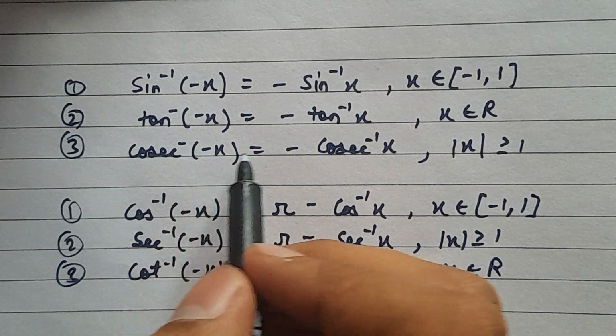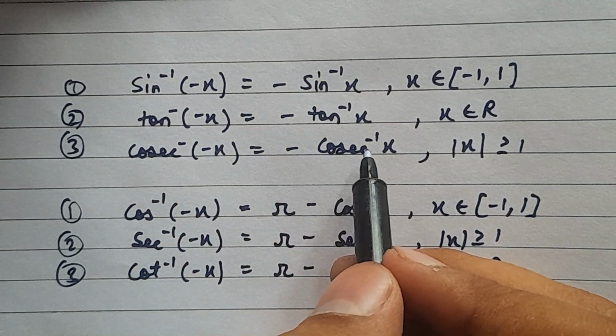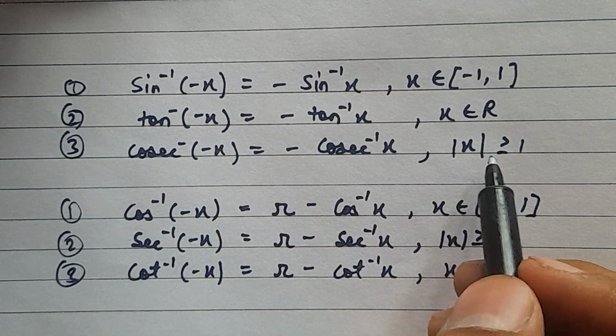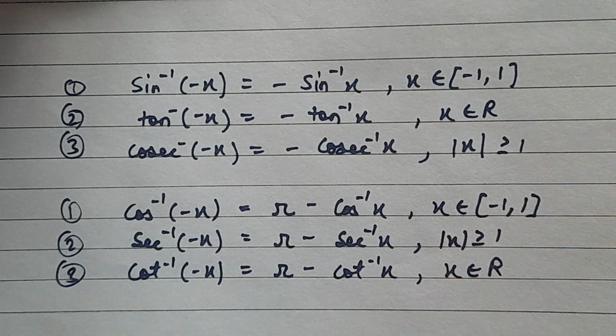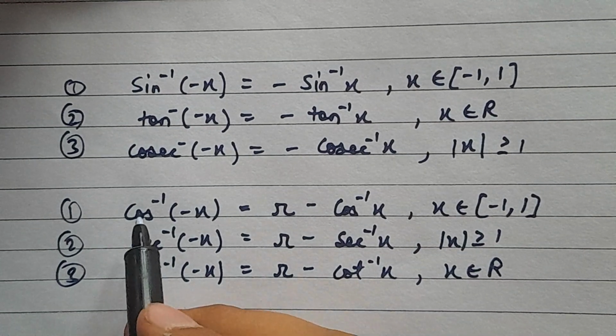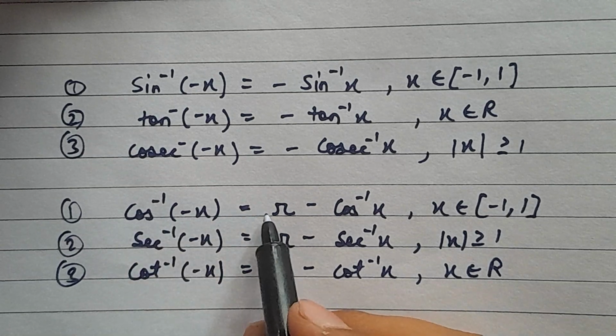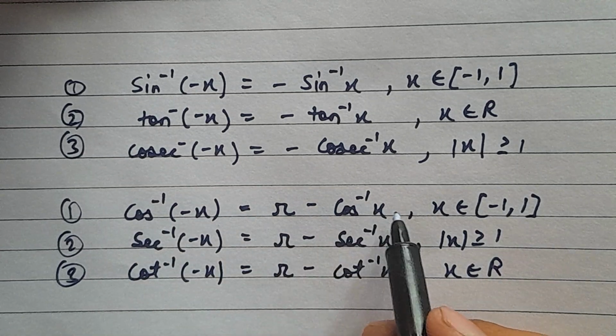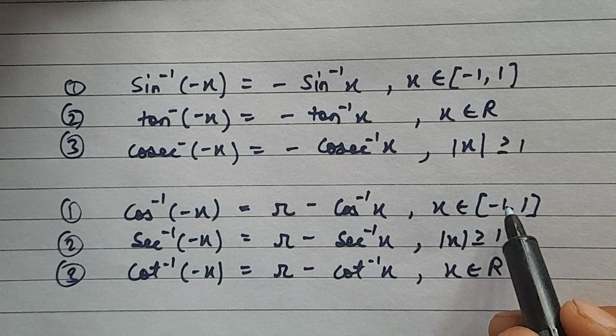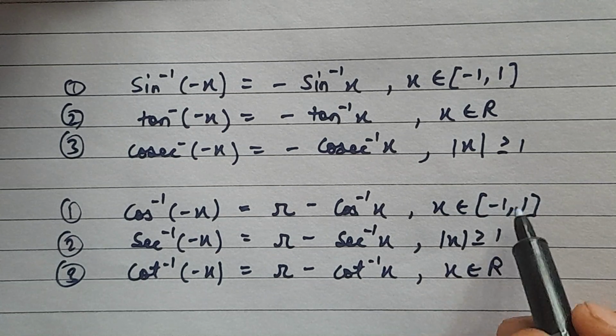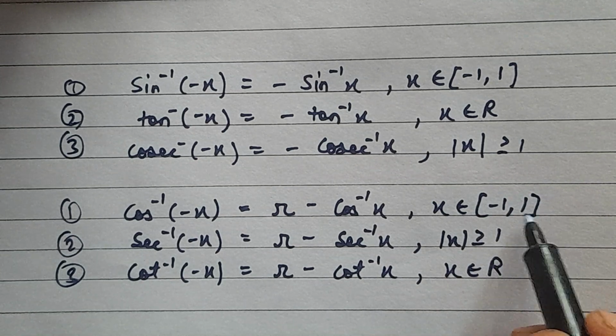Cosec inverse minus x is equal to minus cosec inverse x, where mod of x should be greater than or equal to 1. Here cos inverse minus x is pi minus cos inverse x, where x belongs to between minus 1 and 1, both included.